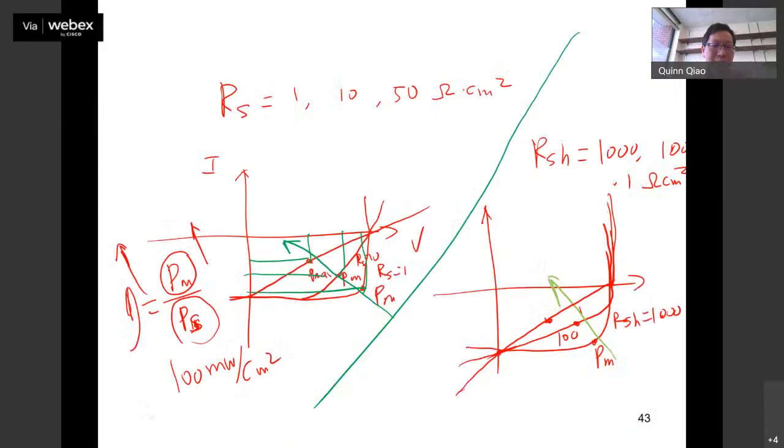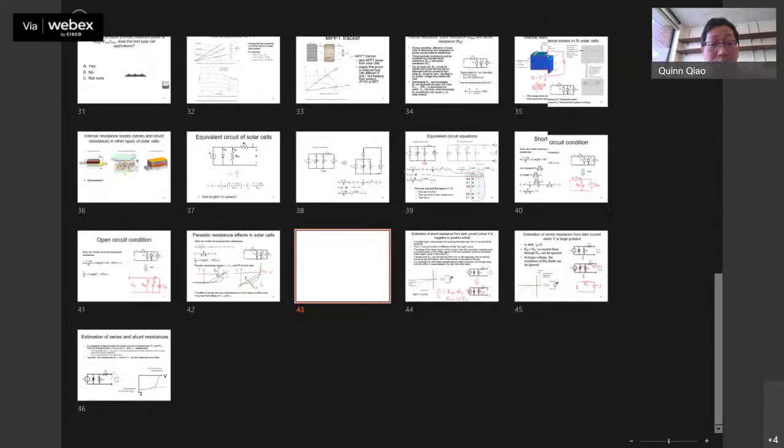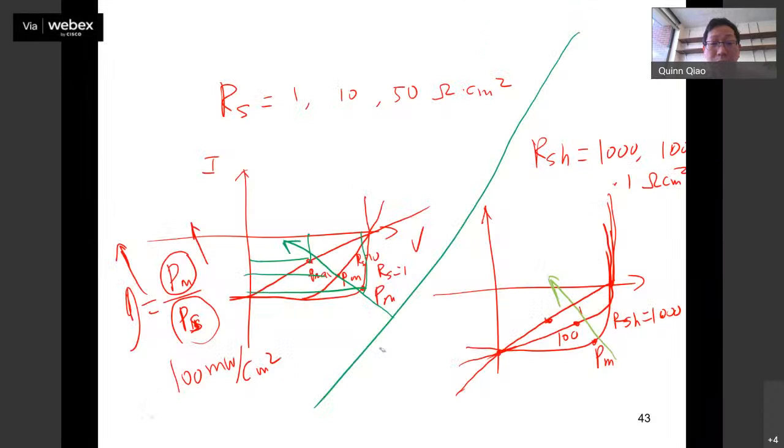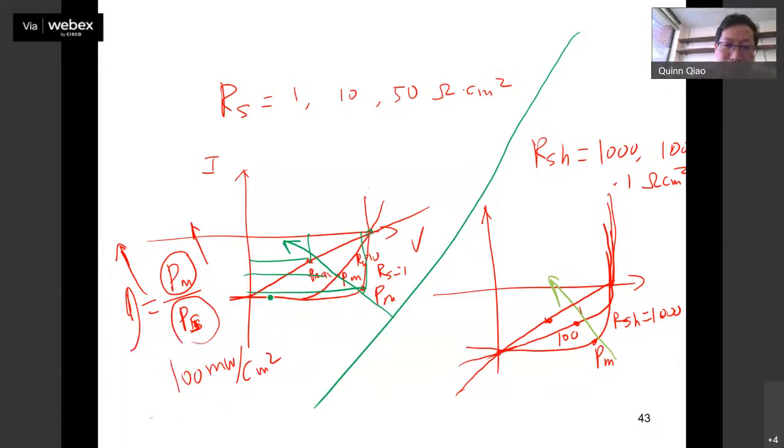I'm not sure if the student has noticed when I explain this, I have kept this position, no change. To make it simple, in the ideal case, this does not change that much.